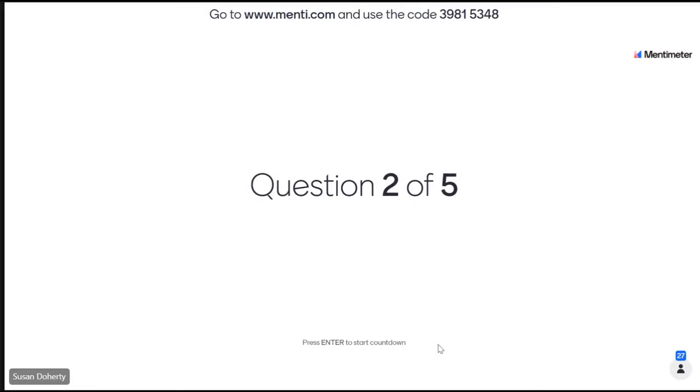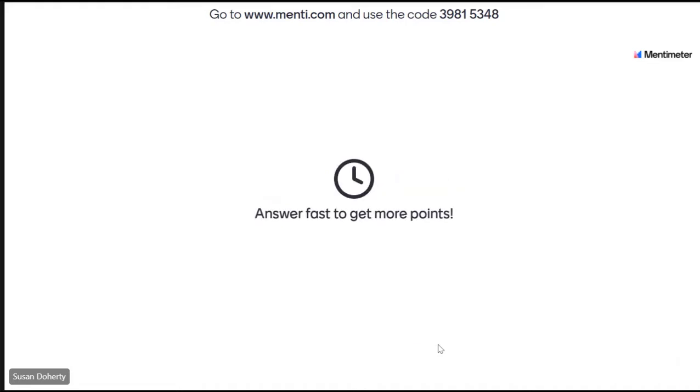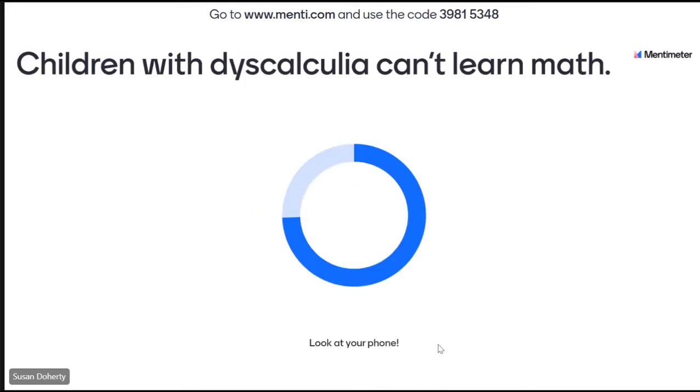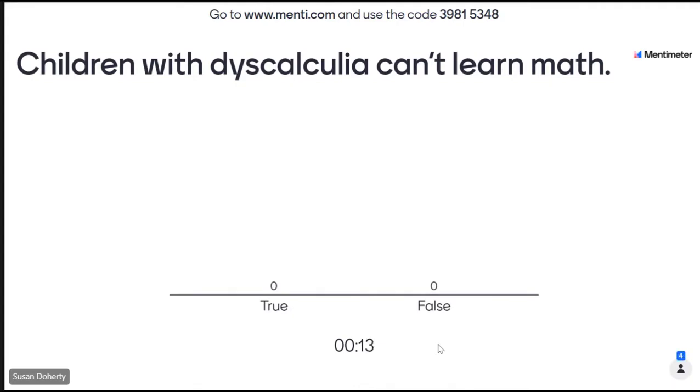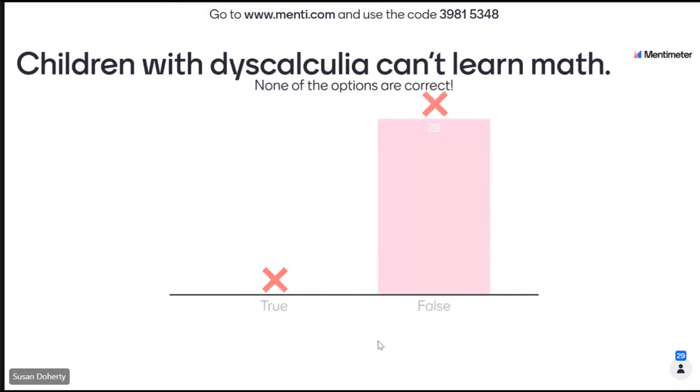So question number 2. Children with dyscalculia can't learn math. Do you think that's true or false? Don't worry about the X's. Obviously, I am not proficient in Mentimeter. That is false, and we'll talk more about that as well.